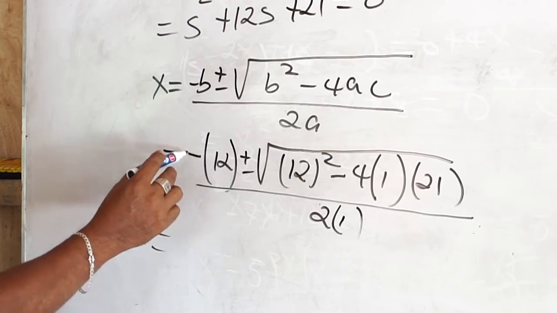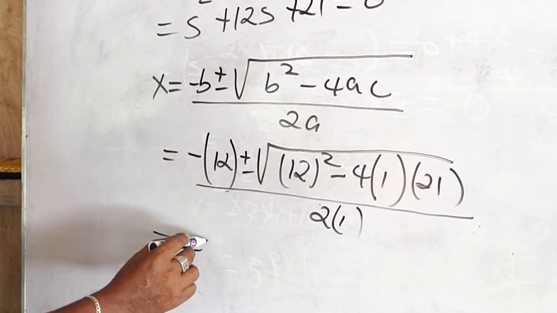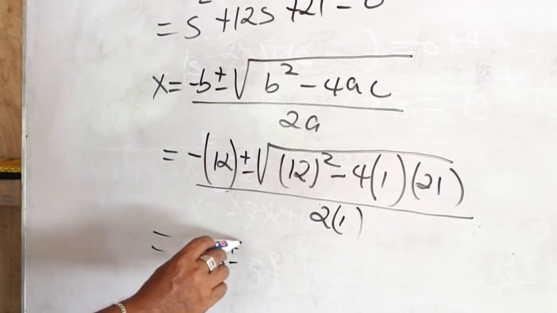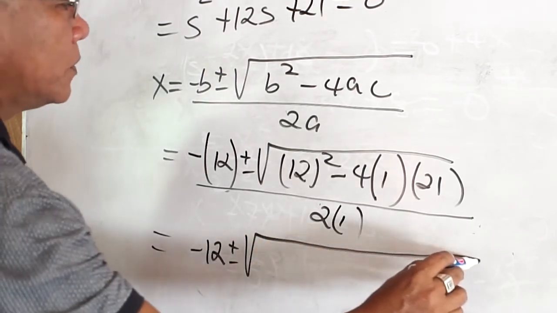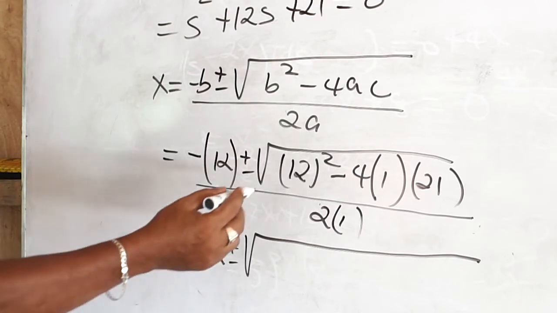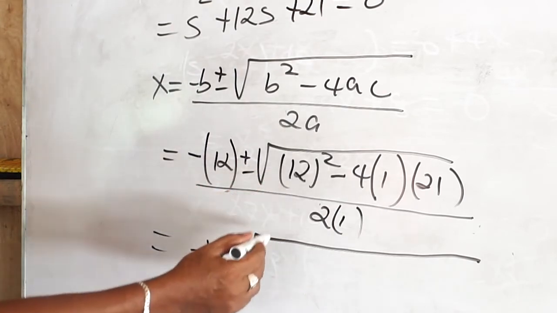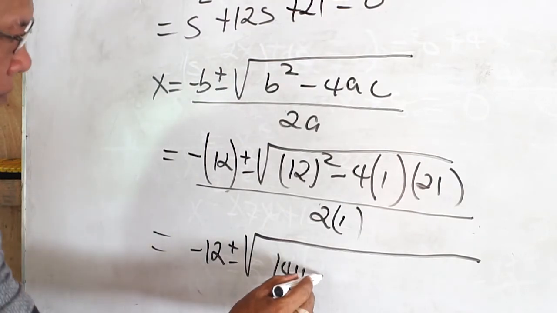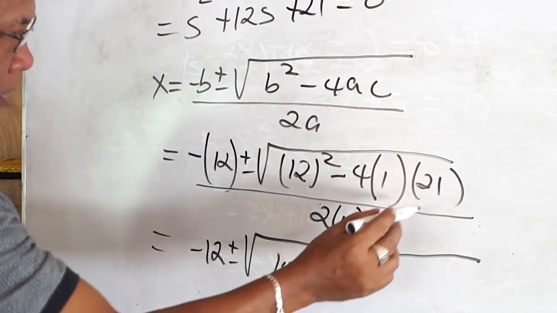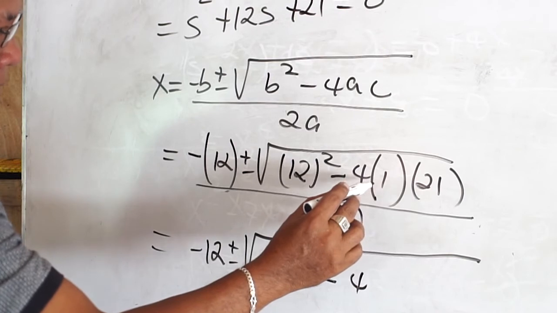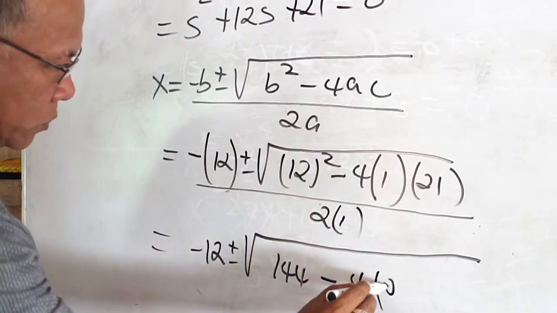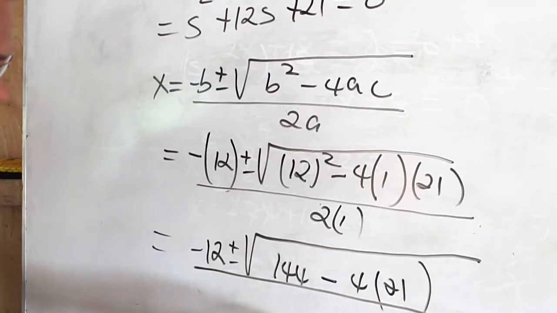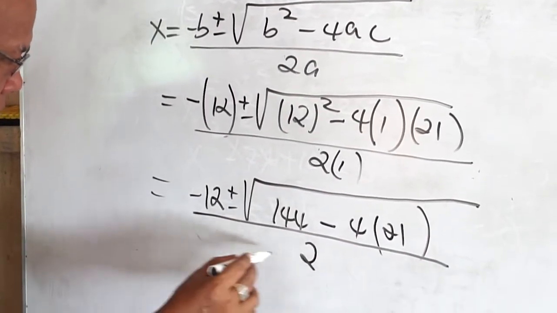Positive 12, multiply it by negative, so we have the result is negative 12. Positive and negative, the square root of, the square of 12 is 144. Then we have negative 4, 21 times 1, that is positive 21. Then over 1 times 2 is 2.